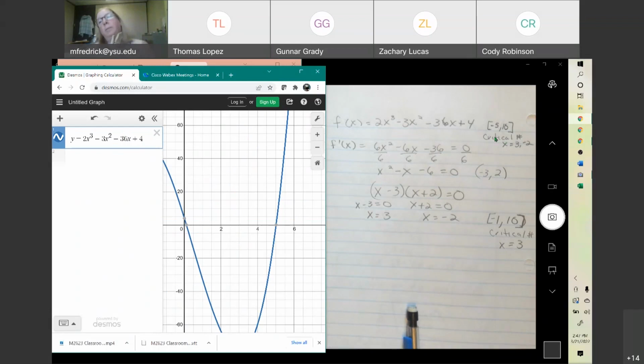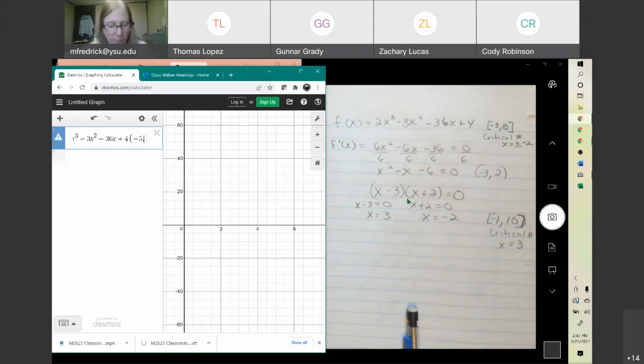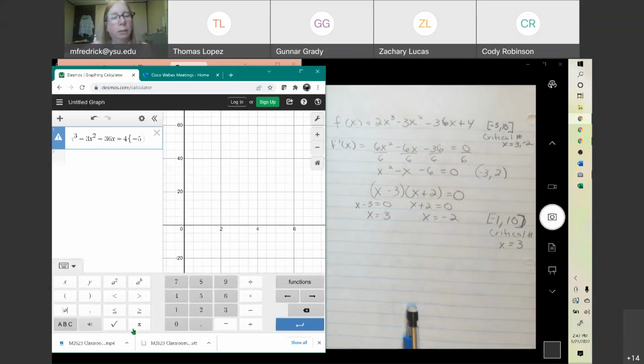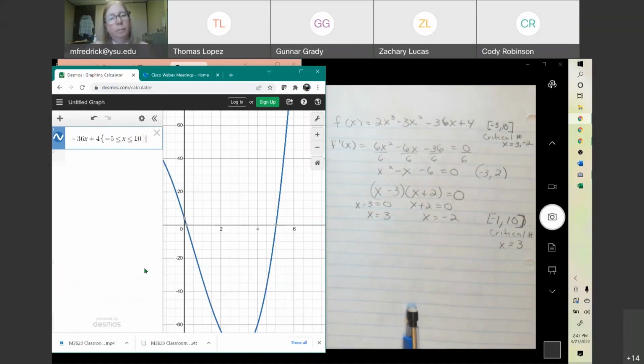Now, if you want to put the endpoints, you can. You can put -5 to 10. So -5 less than x less than 10. So it's showing us from -5 to 10, but it's not showing us our low point.